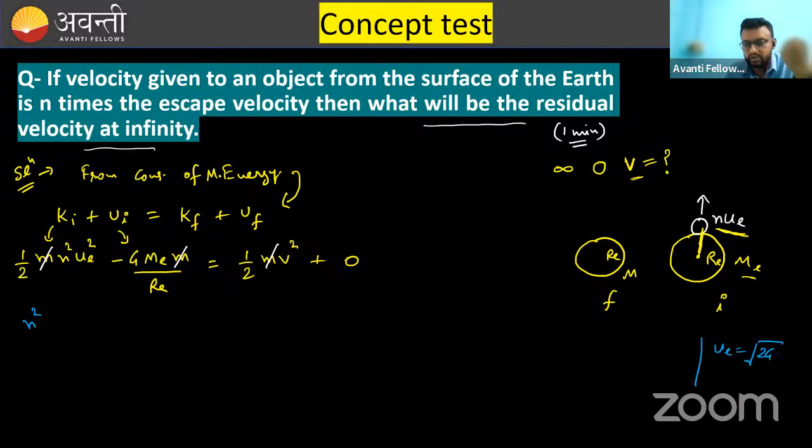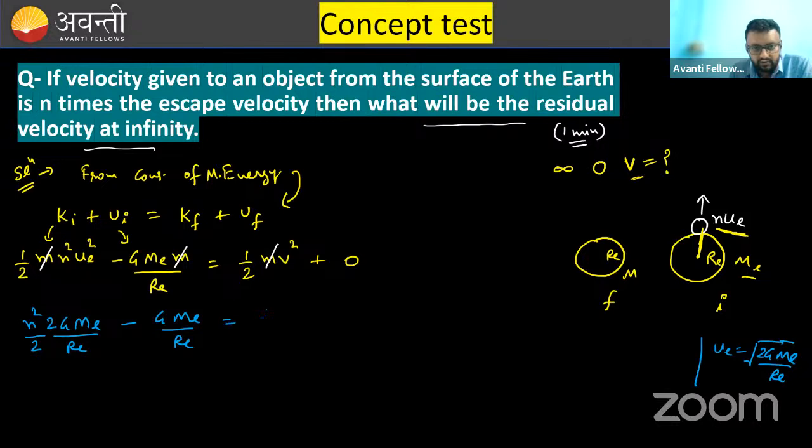Root 2GME divided by RE. This is what UE is. If you square it, it will become 2GME divided by RE. The square root will be gone, and this 2 is here. Minus GME by RE is equal to half V square.